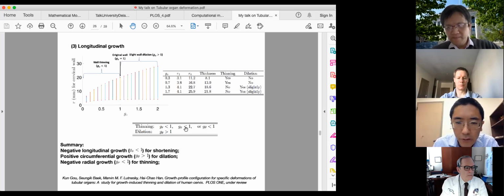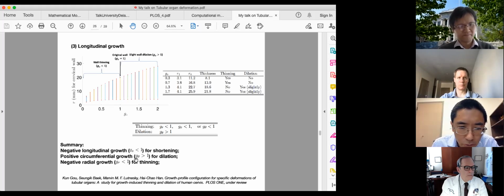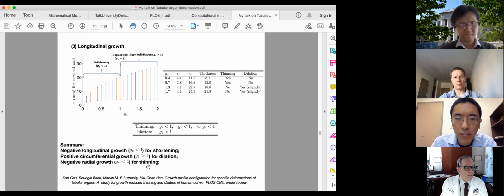So as a summary, we use negative longitudinal growth, GZ less than 1, for shortening, positive circumferential growth, G theta bigger than 1, for dilation, and negative radial growth for thinning. So each direction has some kind of effect, some are negative, some are positive. So it's a mix of positive and negative growth inside the tissue.